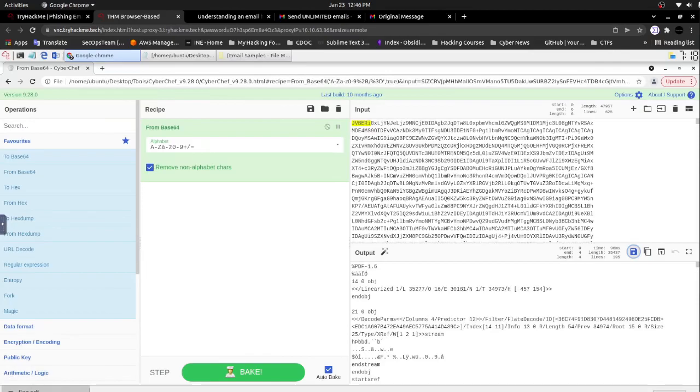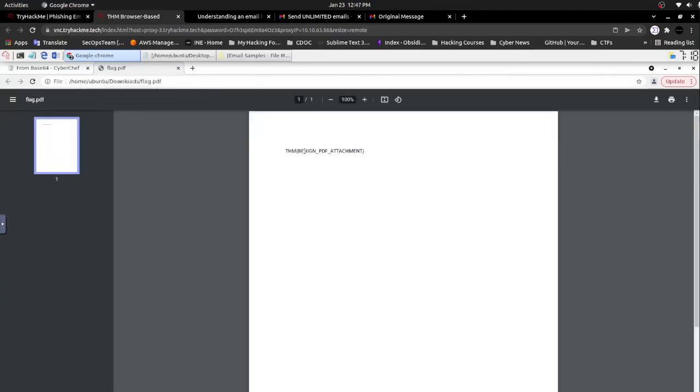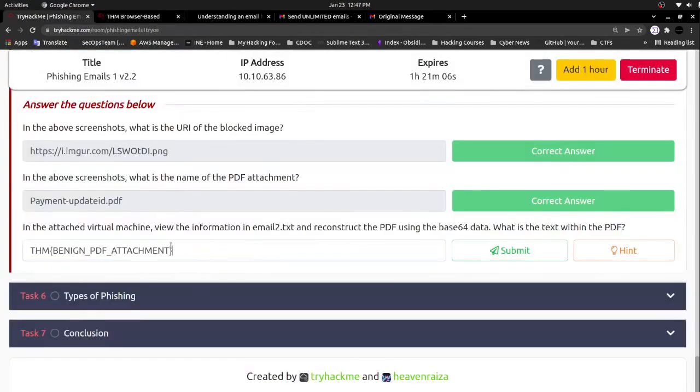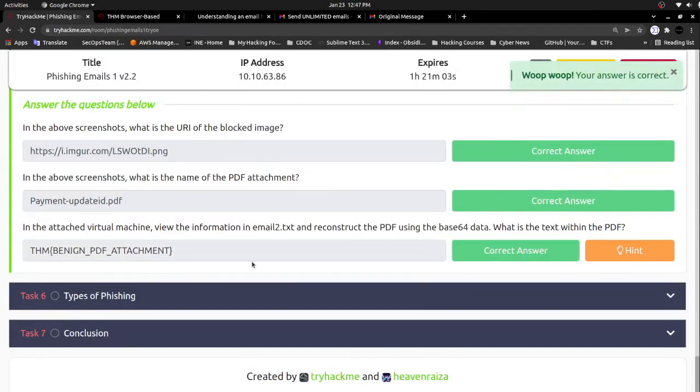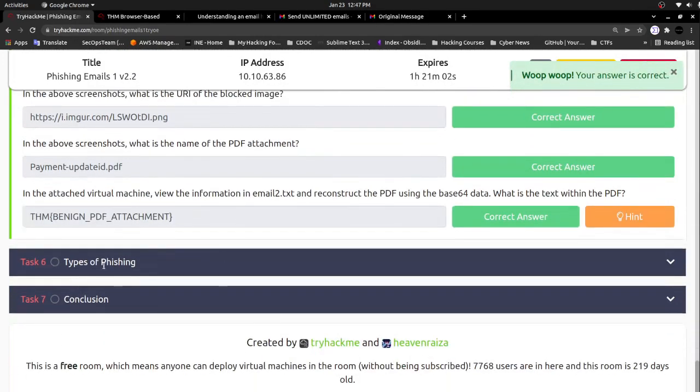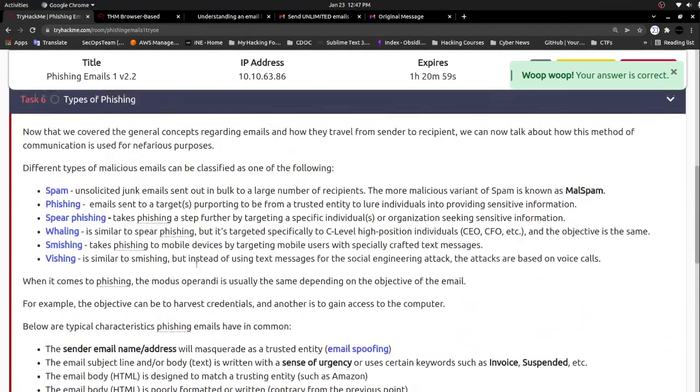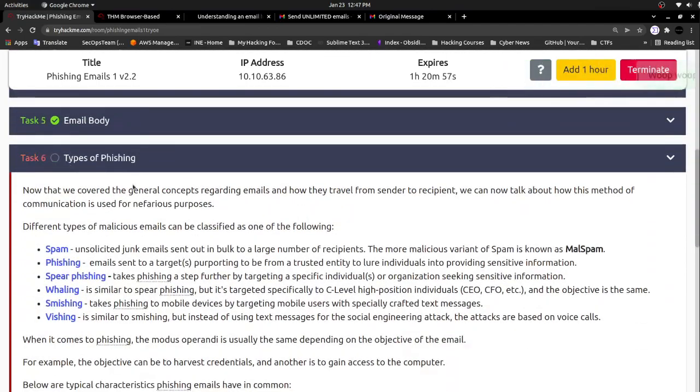I may use CyberChef to decode the base 64 encoded string. I paste it here, and I'm removing the unwanted part. Let me decode. So now we can see the decoded part.